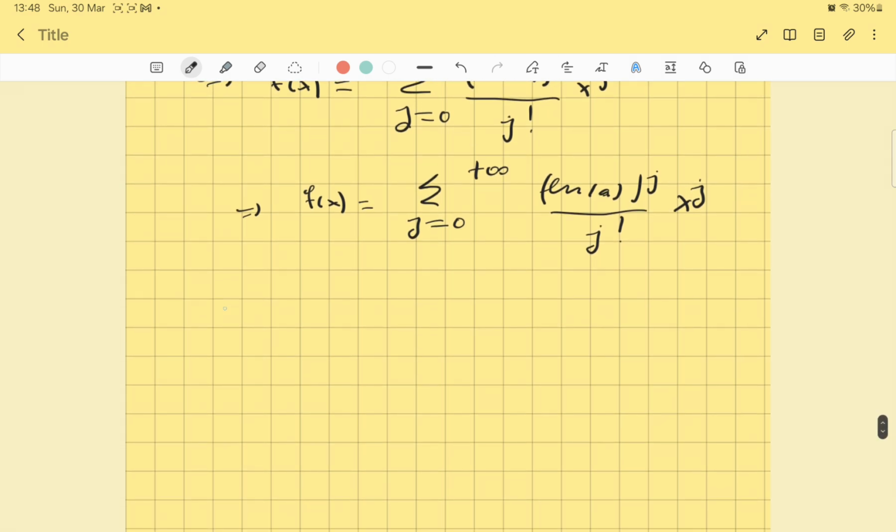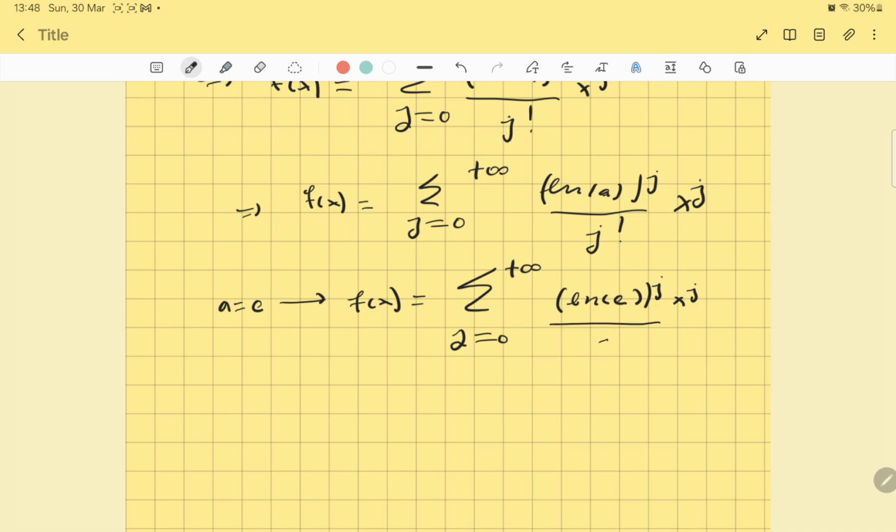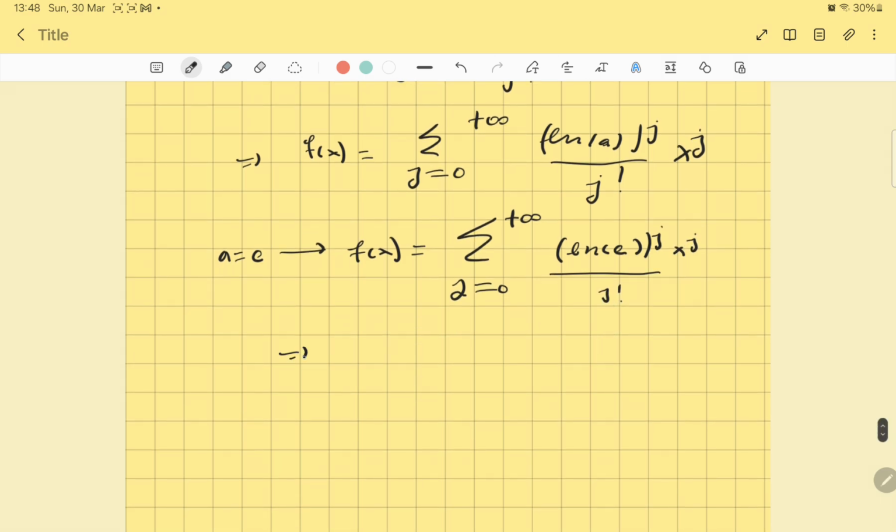You see here that if I take a to be equal to e, what I get is f of x equals the sum from j equals 0 to infinity of ln e to the power of j times x to the power of j over j factorial. And from here I get the infinite series.